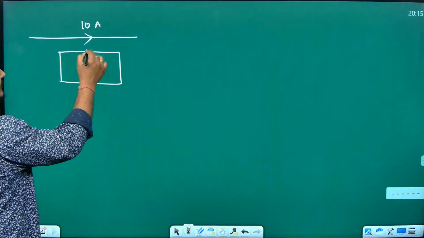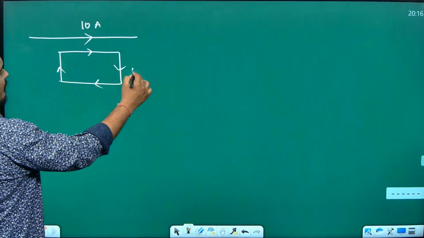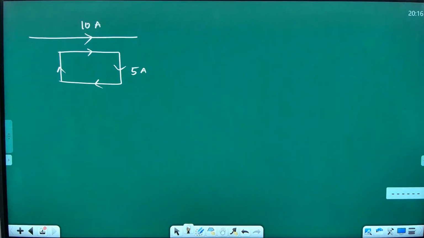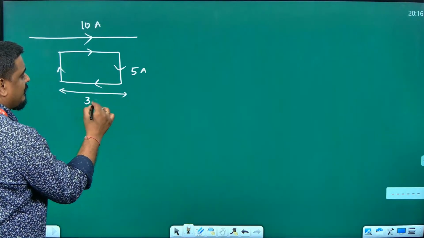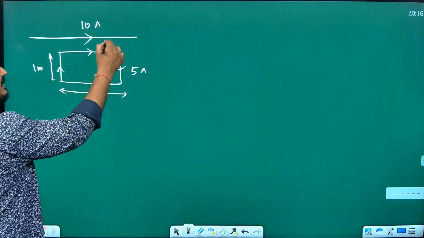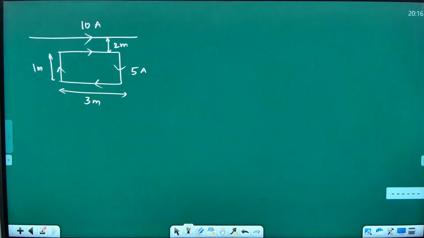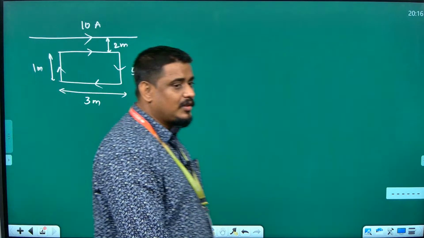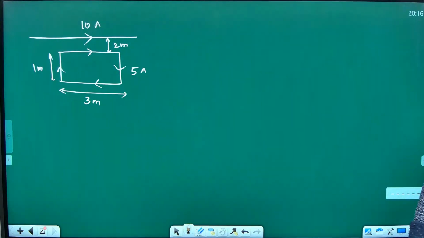Let the current be like this, and let the current have a value of 5 ampere. And they will say this rectangle has a dimension of 3 meter cross 1 meter, having a separation of 2 meter from the wire. Now they will ask you, what is the net force on this loop and in which direction?